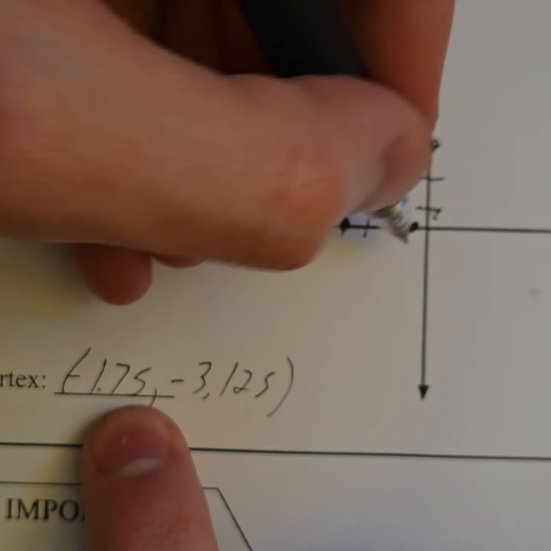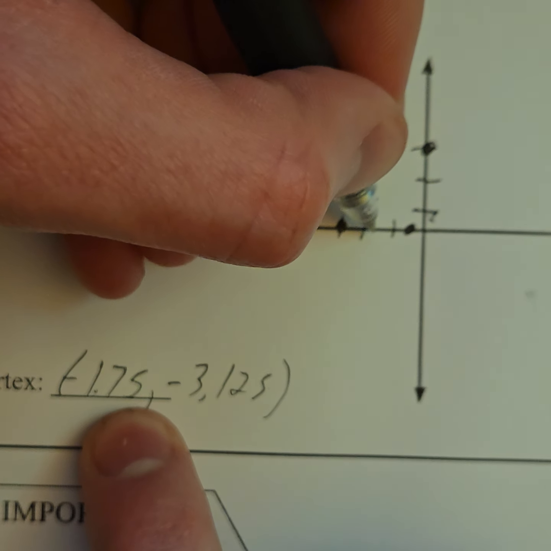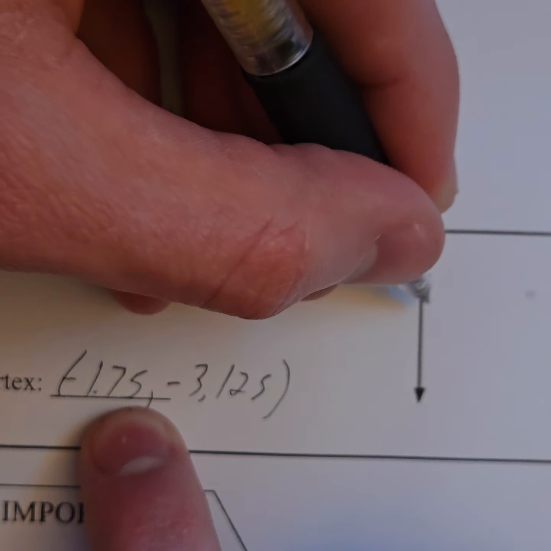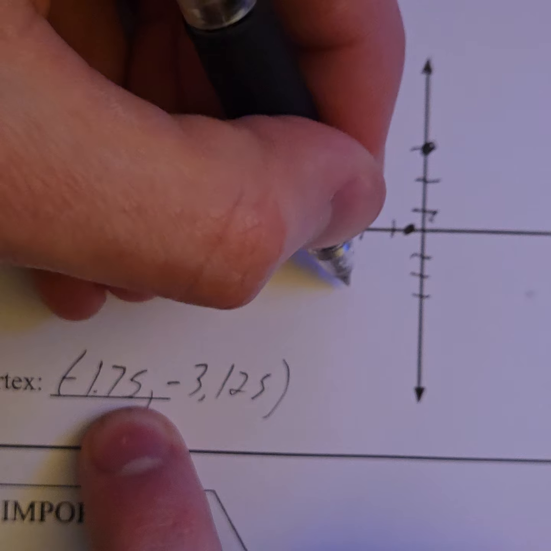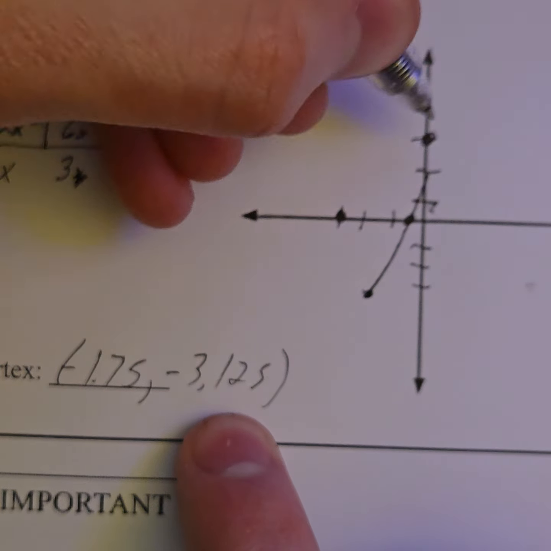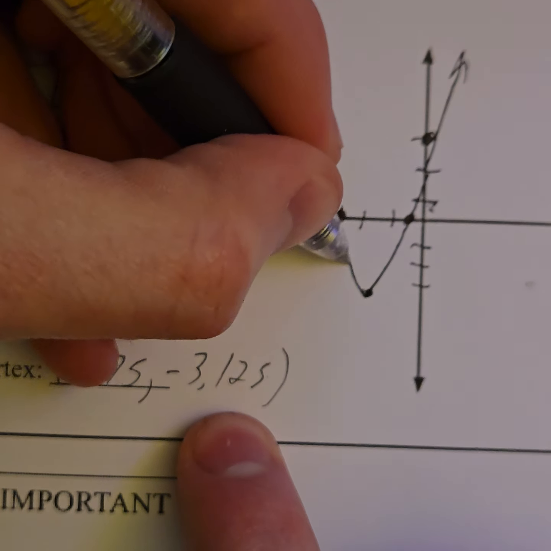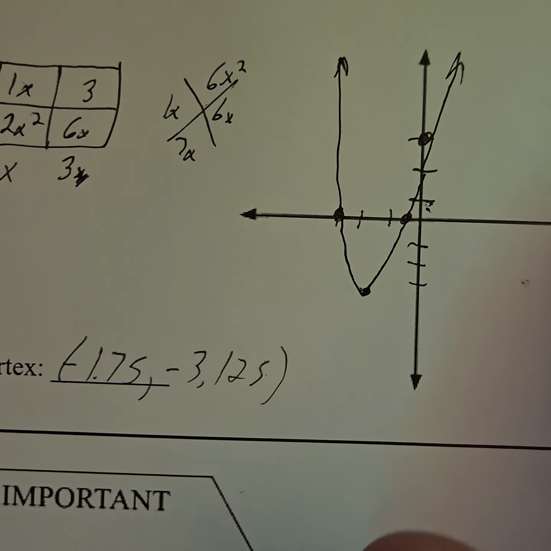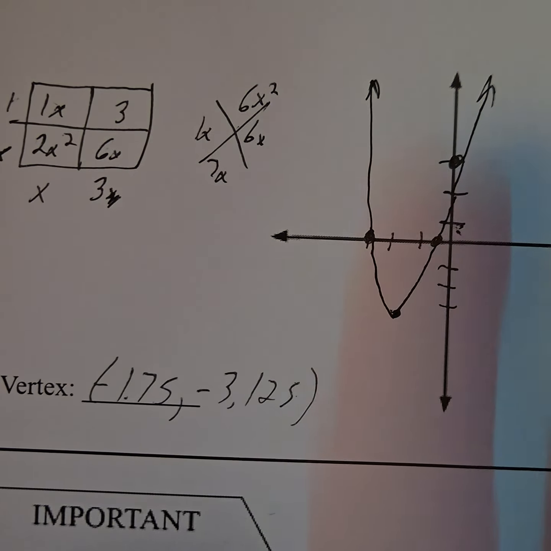Okay, and our vertex is at negative 1.75 and negative 3.125, so somewhere down here. Okay, there you go.